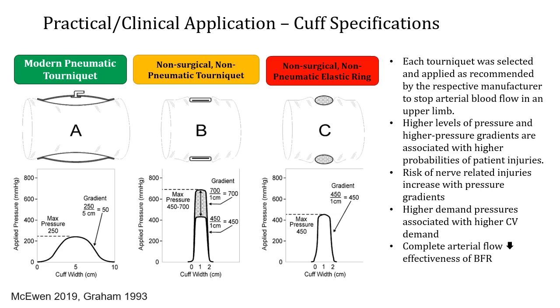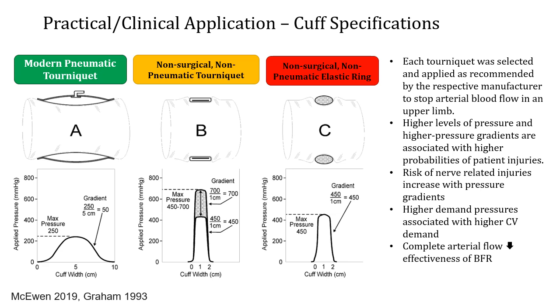The higher that goes, the more likely the risk of injury is to nerves and other sensitive structures that directly underlie the cuff. So the ideal is to find that Goldilocks width of a cuff such that you don't have to use excessive pressures, yet you're also not blunting the tissue adaptation, or the amount of tissue that would otherwise adapt to the actual cuff itself.